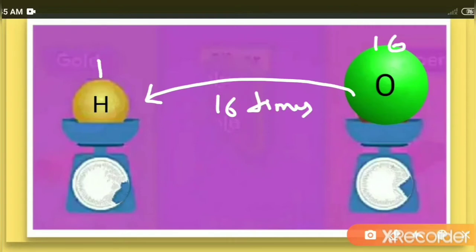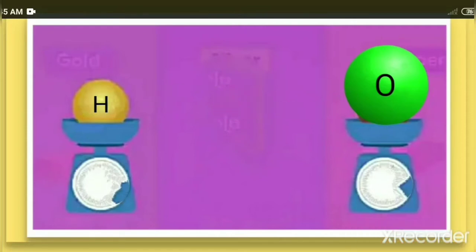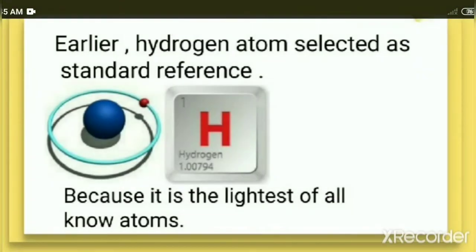So the relative mass is not the actual mass. This mass is compared with the mass of a reference atom. So that is called relative atomic mass. In this case, the hydrogen atom is selected as the standard reference because it is the lightest of all the known atoms.